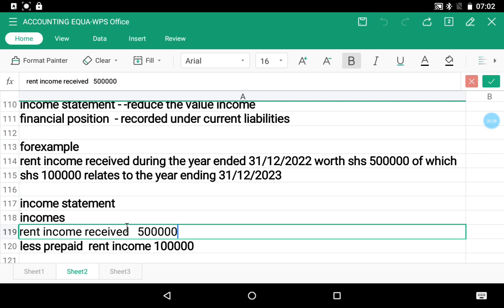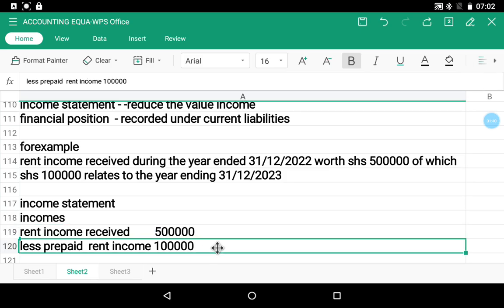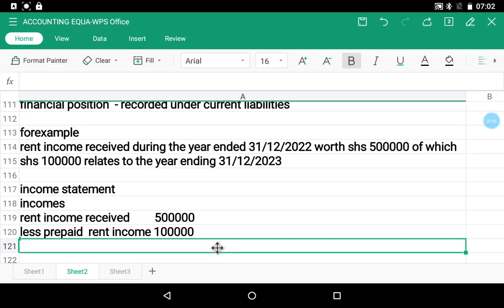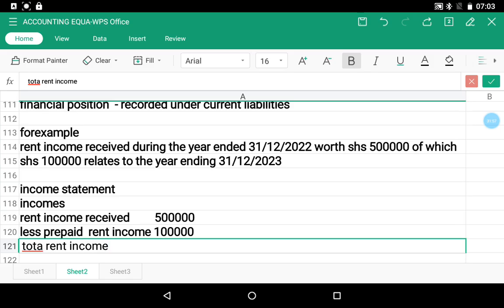So when you get 500,000 and you less 100,000, you remain with 400,000. So this is our rent income without the rent for the next trading period.